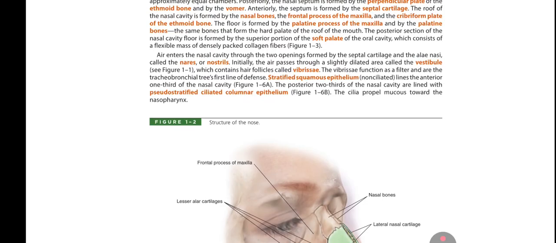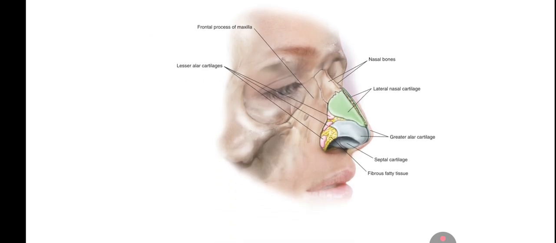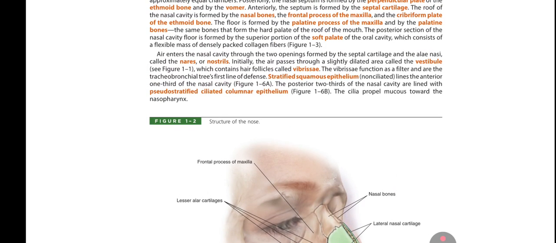Initially the air passes through a slightly dilated area called the vestibule, the area where air enters. The vestibule, just a fancy word, contains hair follicles called vibrissae, which are our nose hairs that filter dust and foreign objects to prevent them from going down into our lower airways.